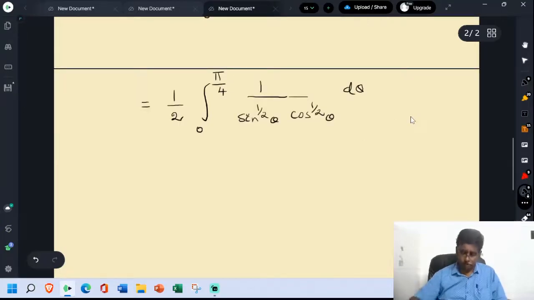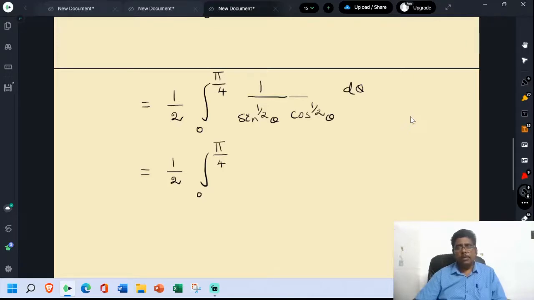This is 1 by 2 into limit varying from 0 to pi by 4, and multiply the numerator by root 2, then the denominator also by root 2, because this is actually 1 divided by root of sin theta cos theta into d theta. This is the actual equation. Just if you remove 1 by 2, you should introduce root.